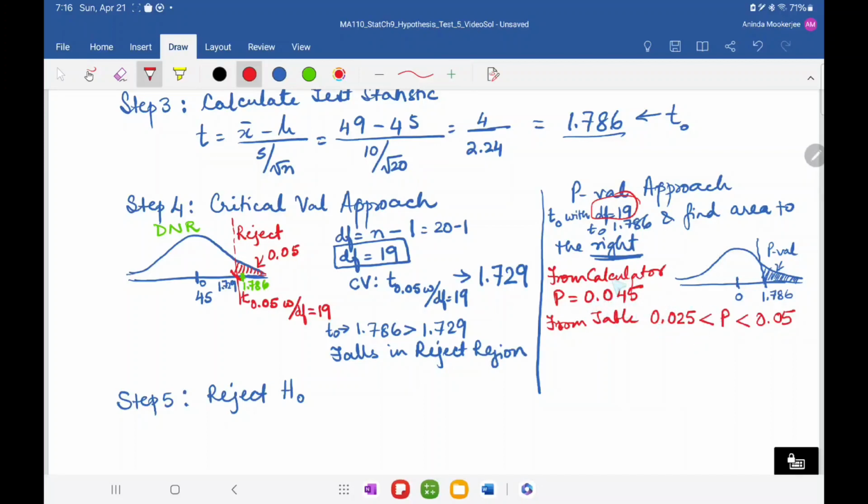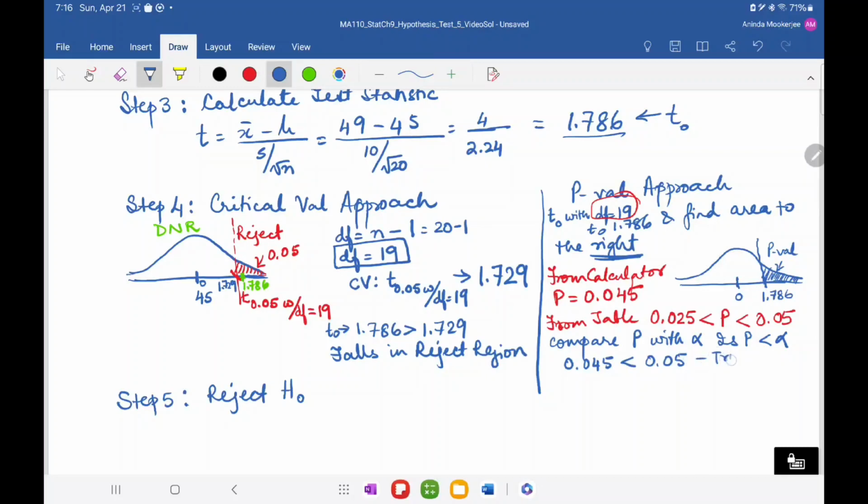So now that we have our P value, the next step is to compare P with alpha. The question is, is P less than alpha? Yes. We have 0.045 for our P. 0.045 is indeed less than 0.05.